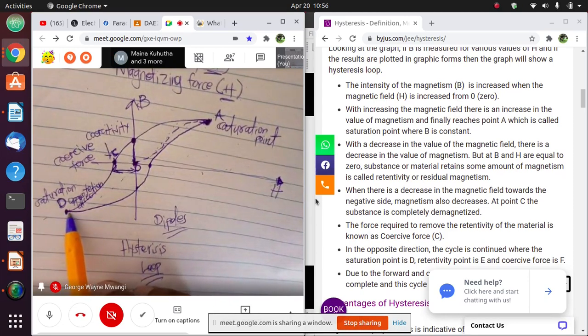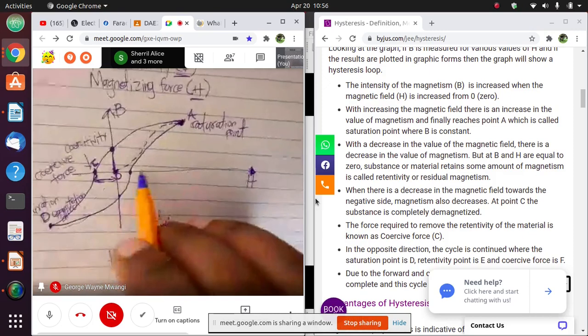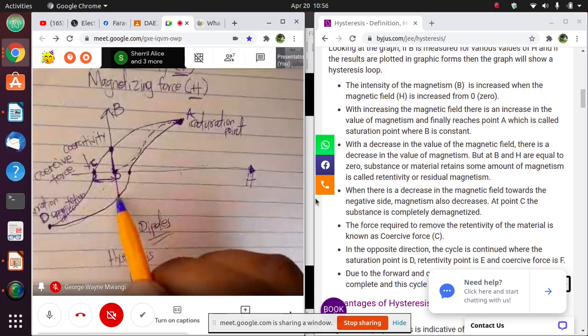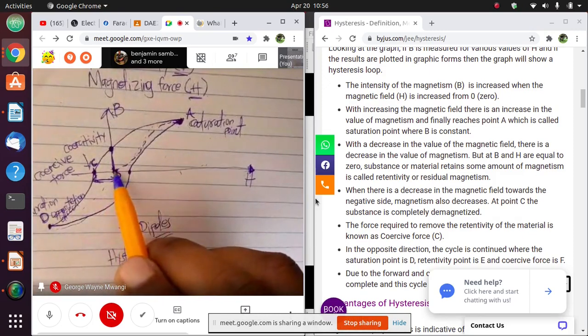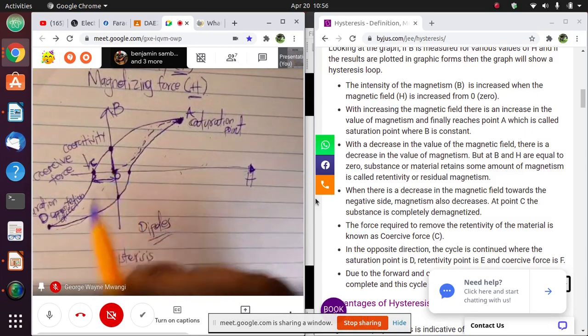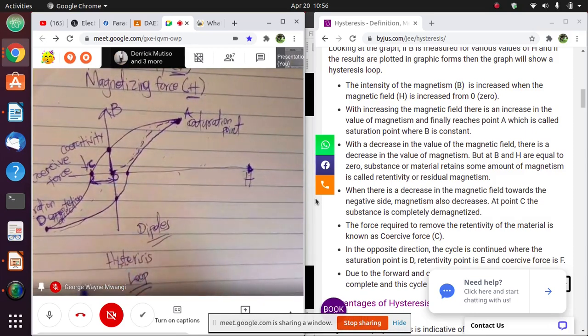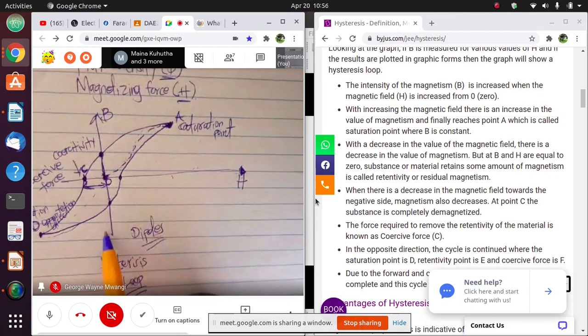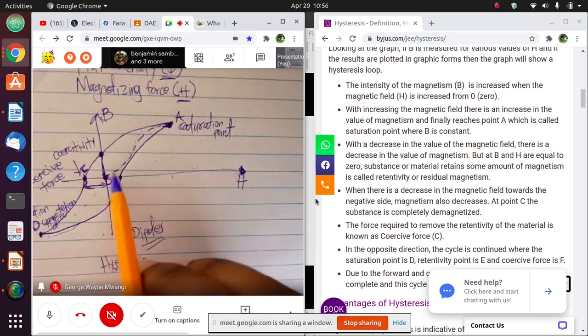When we reduce the magnetizing force, the magnetism in that material will reduce, but it will not go to zero. Why? Hysteresis. That material has still retained some magnetism in the molecules or in the dipoles. When we increase, now there's a force that will be required to reduce that magnetism to zero.